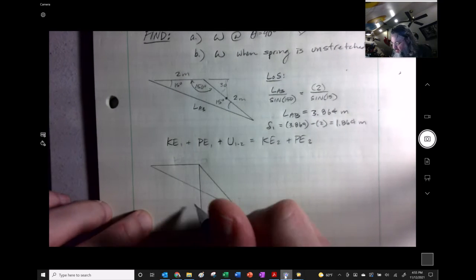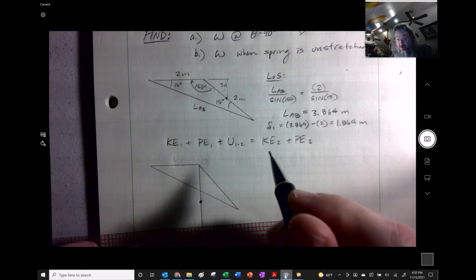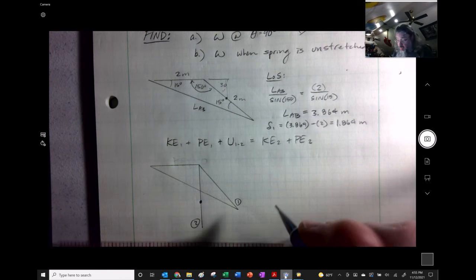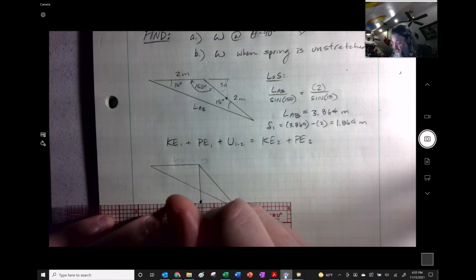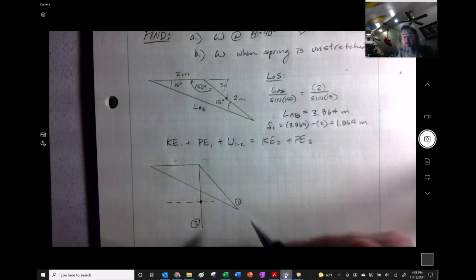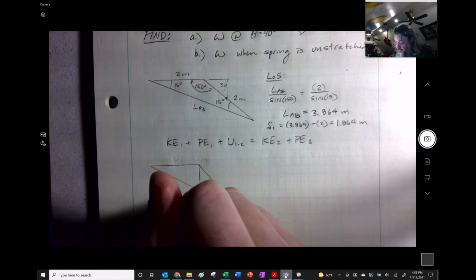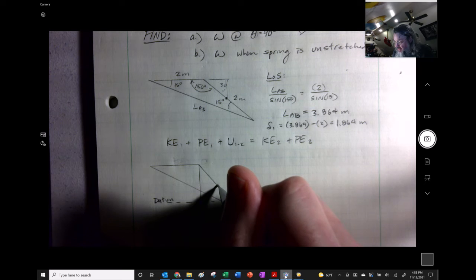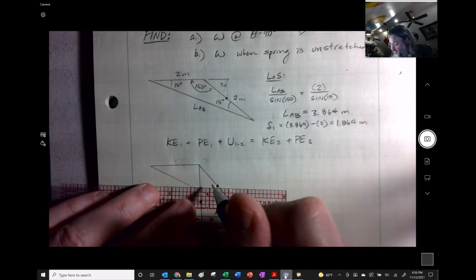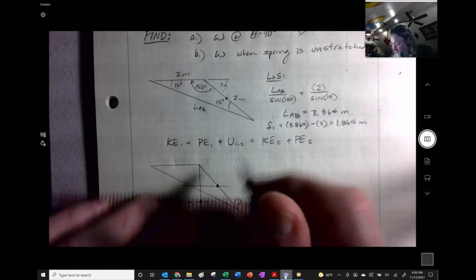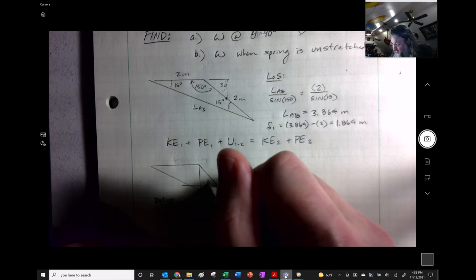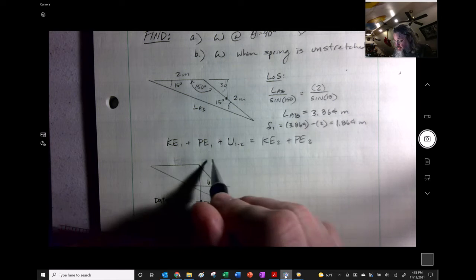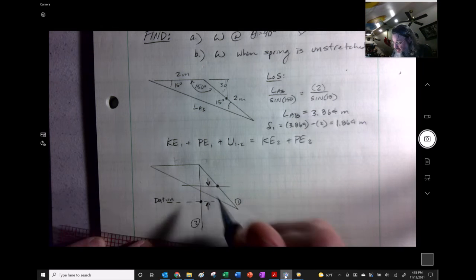The datum should be right there, and that should be state 2, and this is state 1 right here. So this is the center of this thing. We also need to have the center right here. So we want to figure out what this length is going to be, that height change, so that we can do the potential energy at state 1 right here.